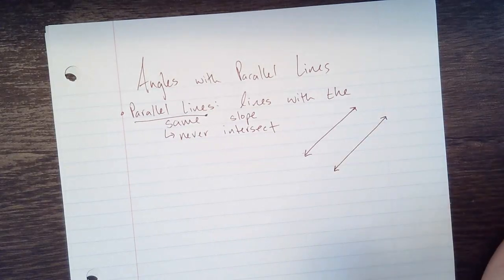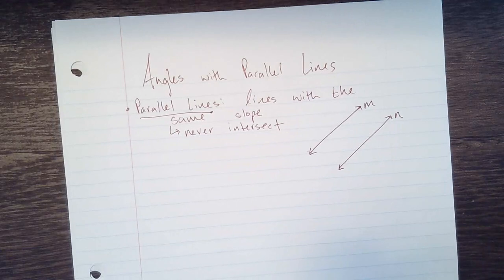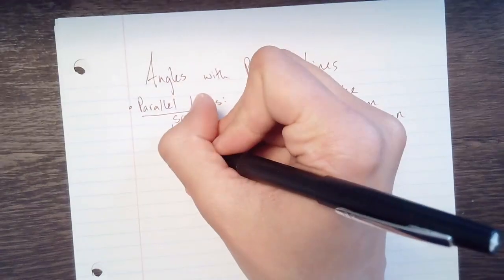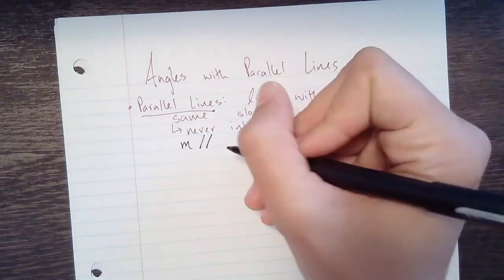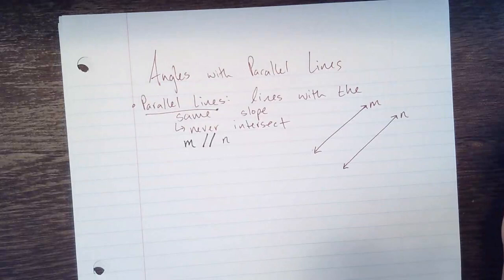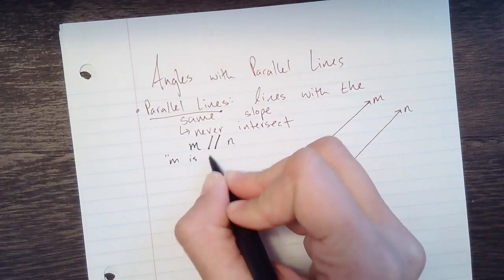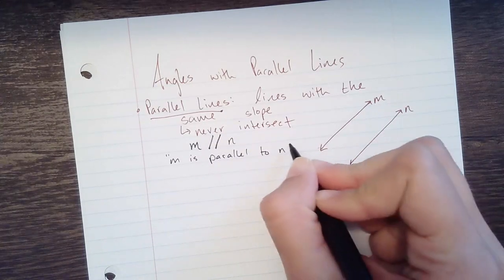Okay, so if we saw these two lines, let's name them M and N. If they're parallel, the way that you'll see it written out is M, and then you'll see two little parallel lines, and N. That means M is parallel to N.